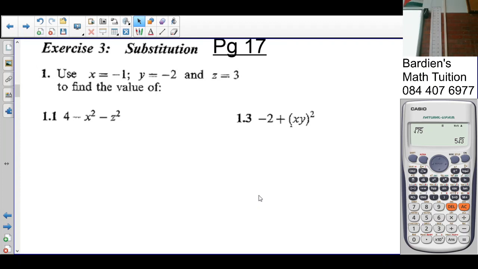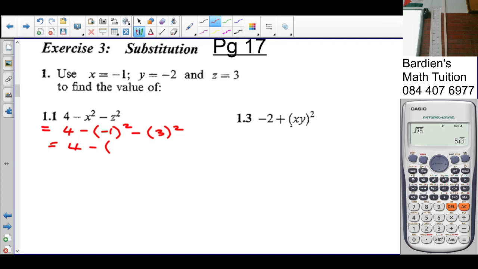to 3 to find the value of. So wherever we see an x, we put a negative 1. So 4 minus, open brackets, negative 1 squared minus z, 3 squared. So that will simply be 4. Sort out the exponents, so it's negative, open brackets.